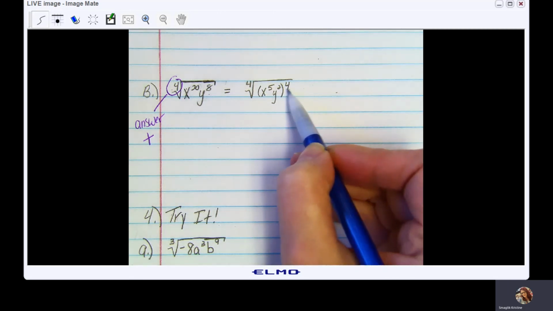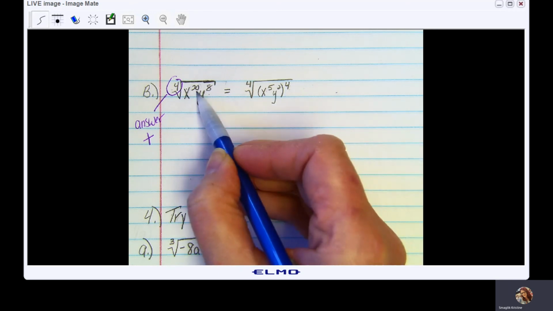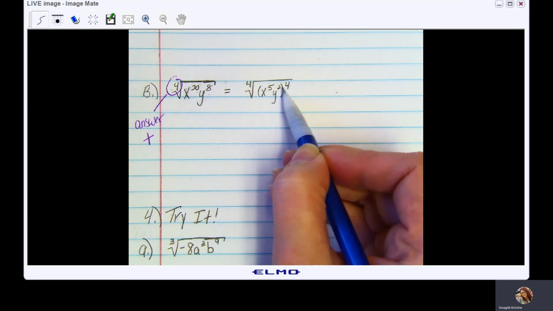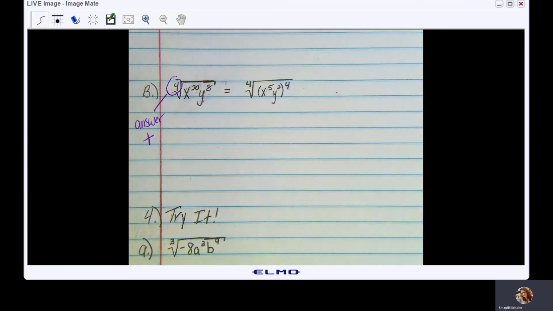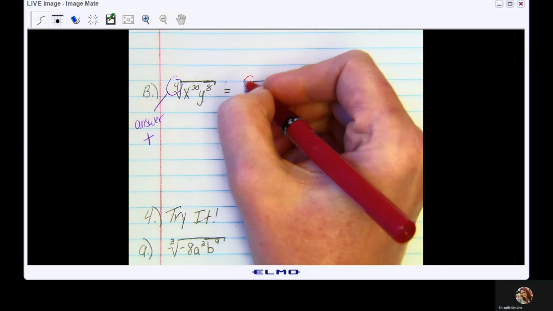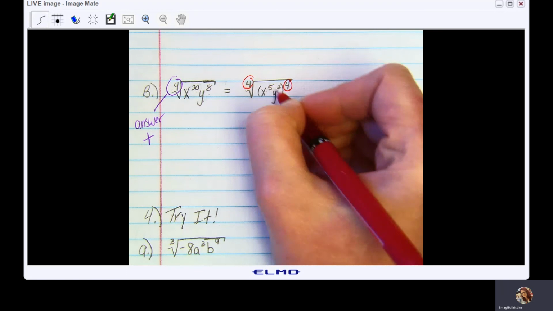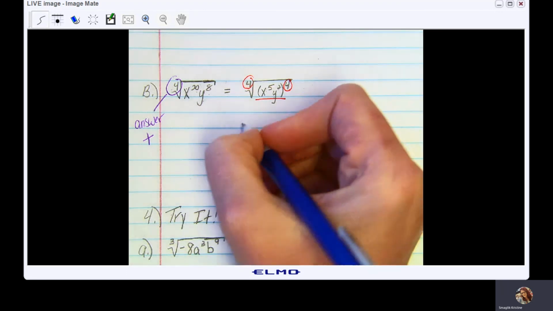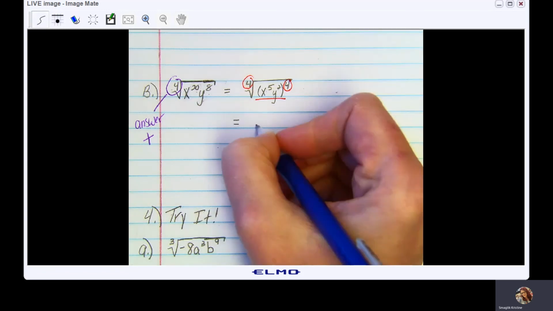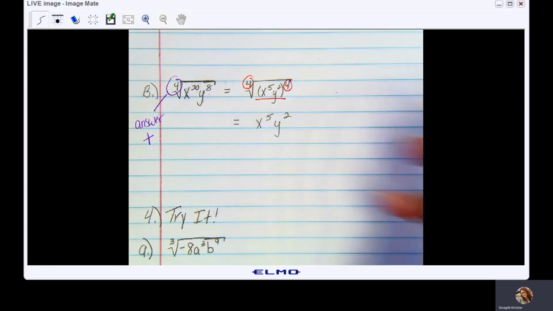And again, notice if you redistribute, you do your power of a power property, x raised to the 5 times 4, 5 times 4 is 20, and then y squared raised to the 4th power is y to the 8th. And now here we are. My index matches this exponent. They cancel each other out. They're inverse operations. And so my answer here is x to the 5th y squared.